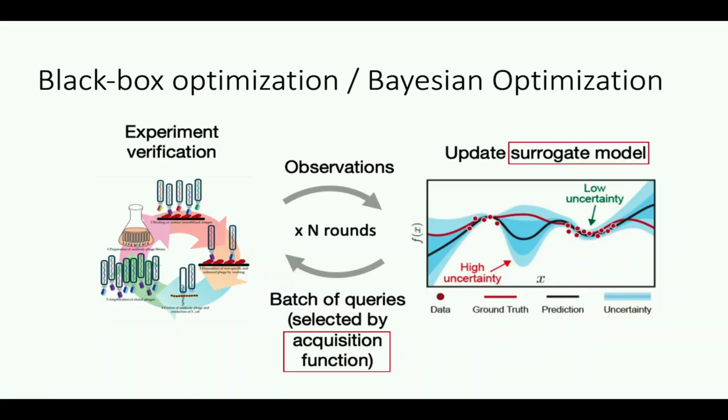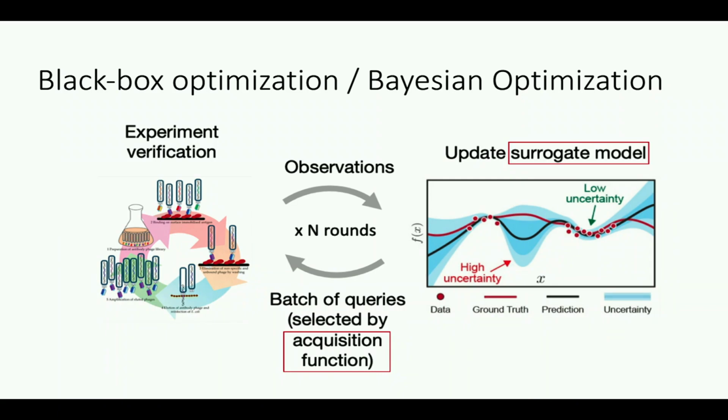So if we look at the setting again, this is an illustration of the entire black box optimization framework. At each round, we repeat for n rounds, and each round we do some observations. These observations can be a single point, which is easier to analyze, and usually the most optimal case is you make a single observation each time and you update your model frequently.